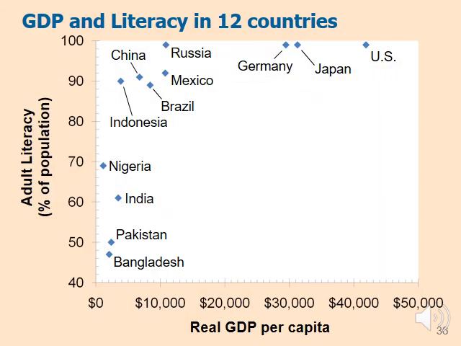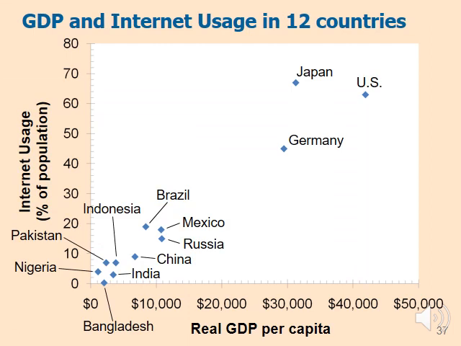GDP and literacy in 12 countries, the U.S. again coming in at the top of that graph, and you can see a pretty interesting correlation between GDP per capita and literacy rates. GDP and internet usage in 12 countries, a very strong correlation between real GDP per capita and the infrastructure to generate internet usage.